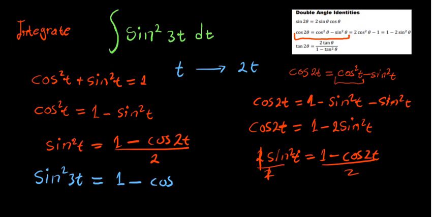The same as if you had a theta here, this side you're going to have a 2 theta. So if you have 3t, this side is just going to be 6t. So here you're going to have 6t there, divide by 2 there.